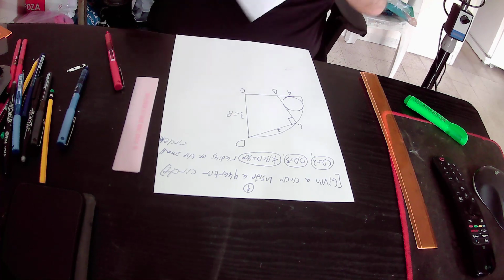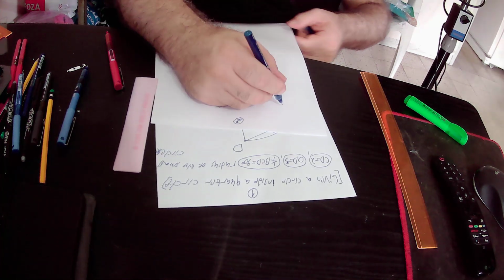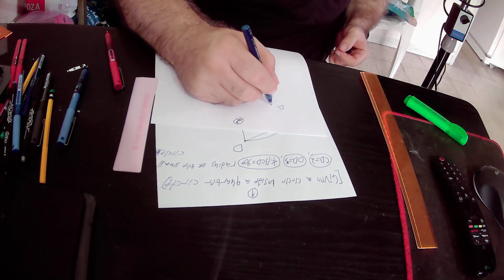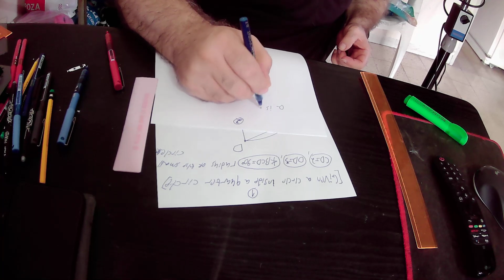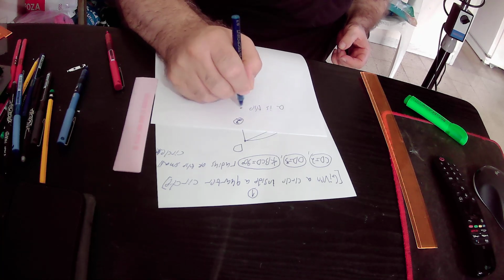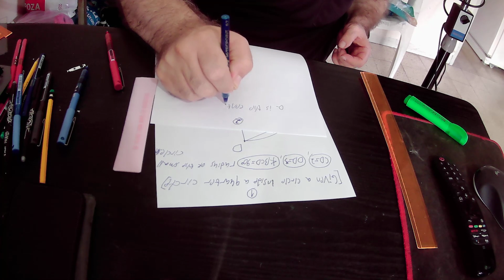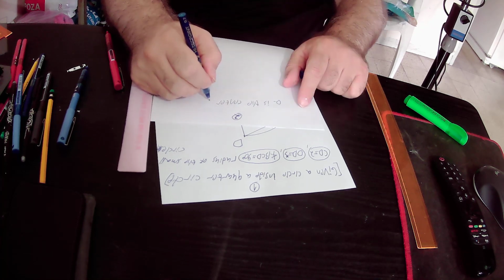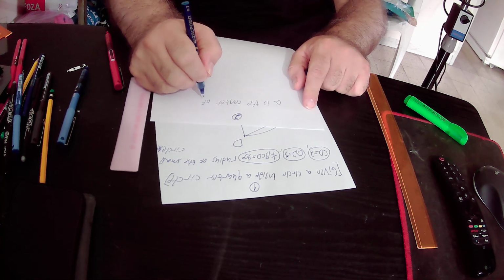So I write it down: point O is the center of the quarter circle.